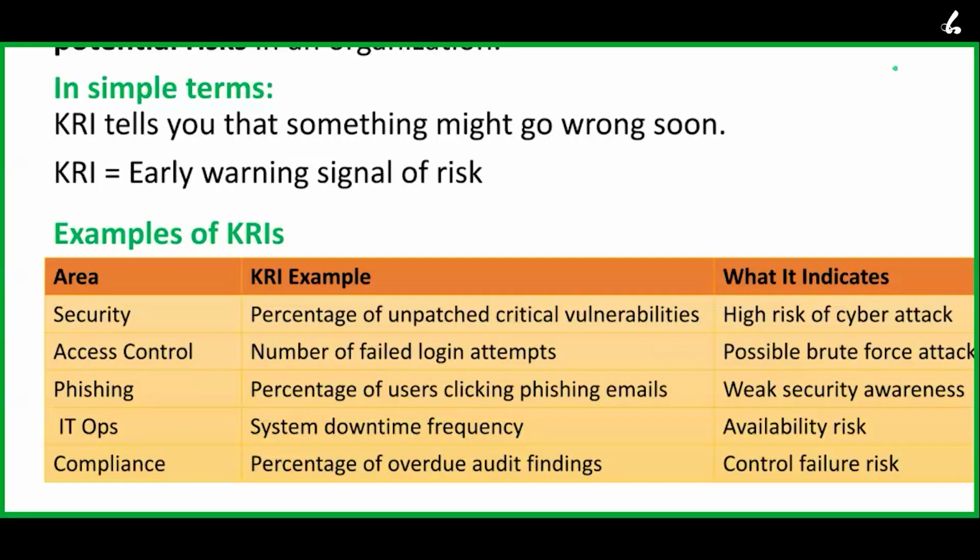Why? Because the system is vulnerable, it is weak, so they need to update those patches. Based on that, we will be able to judge that the system is vulnerable, so we get that percentage. That is what we need to indicate.